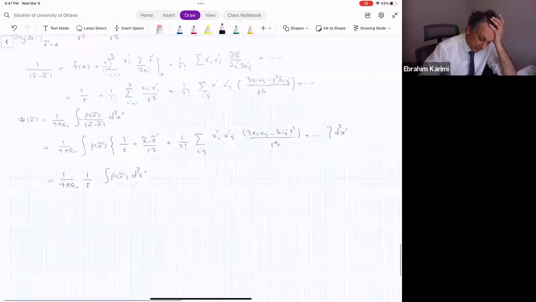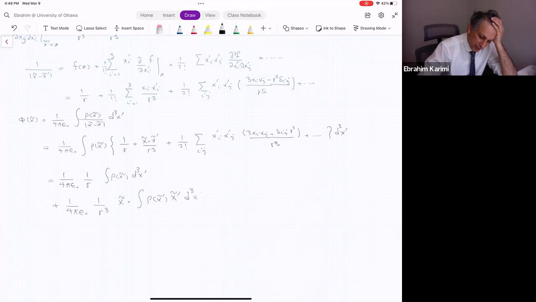Plus the second term, 1 divided by 4 pi epsilon 0, 1 divided by r to the power of 3. x will be outside of the integral because the integral depends on x prime, dot integral of rho of x prime, x prime d3 x prime.